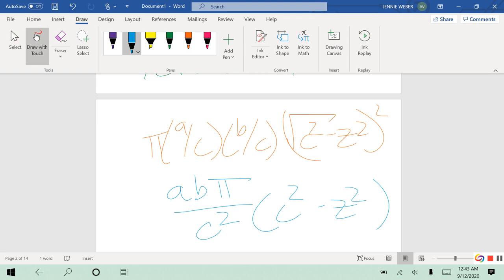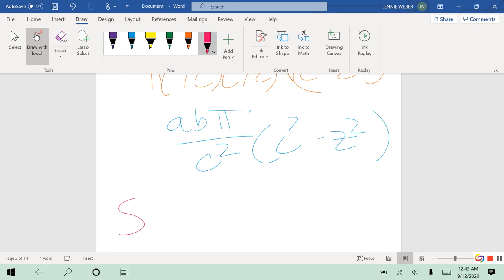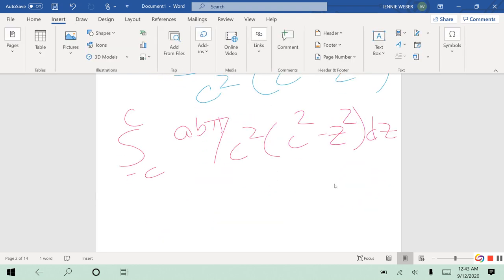Okay, so this is my first step, right? This is the area. Now I have to integrate it, and I'm going to integrate from negative c to c, ab pi over c squared times c squared minus z squared dz. Okay, because I'm in terms of z, which is what I wanted here.